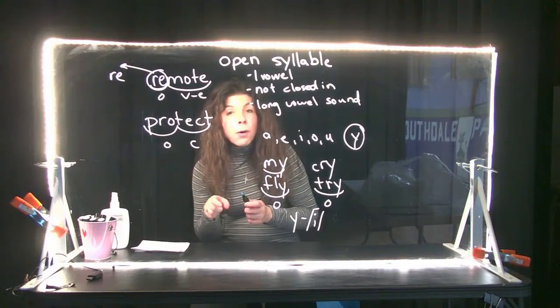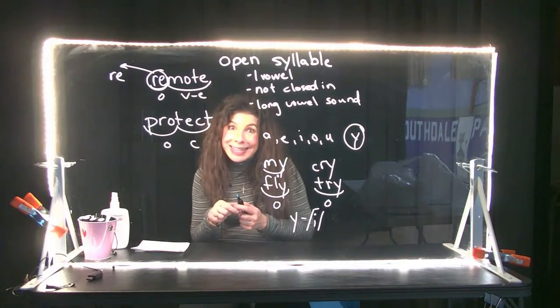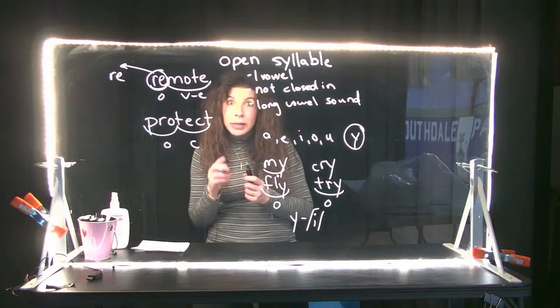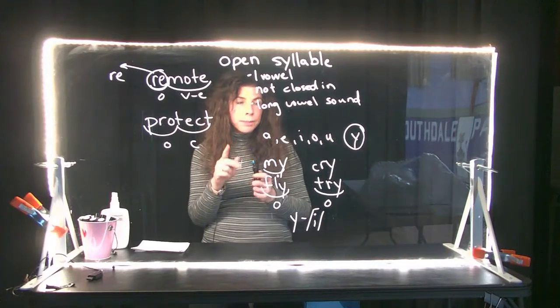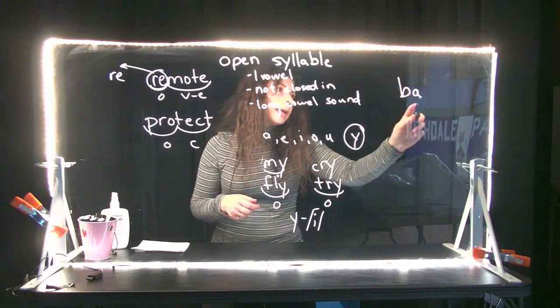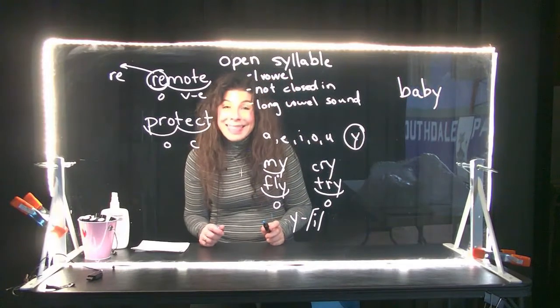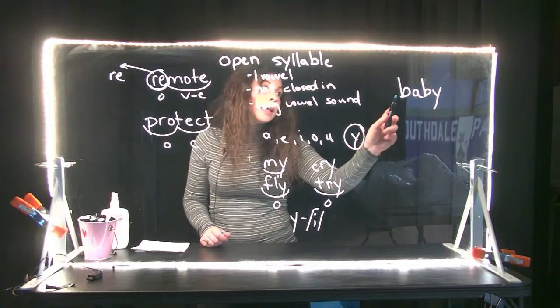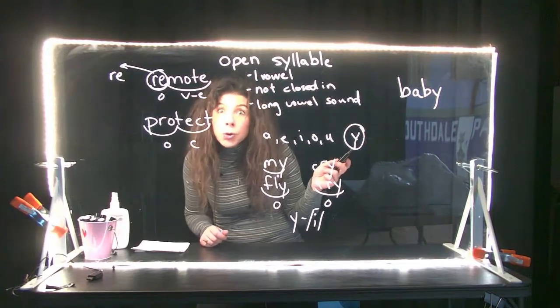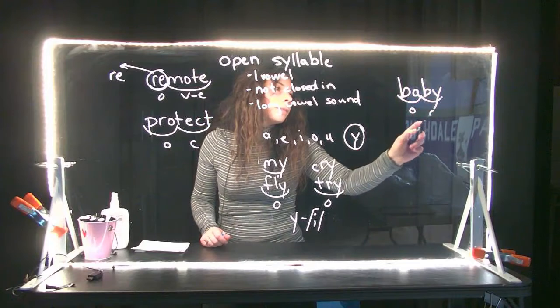Sometimes, however, that Y is going to be in an open syllable at the end of a multisyllabic word. So, for example, in the word baby. In that case, baby is actually 2 open syllables. Say, be.